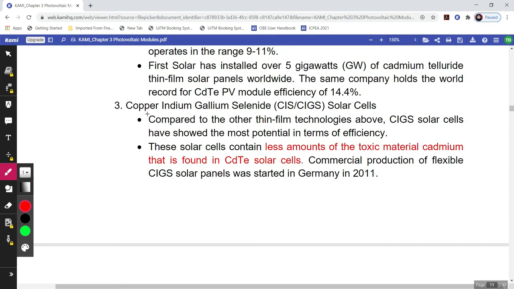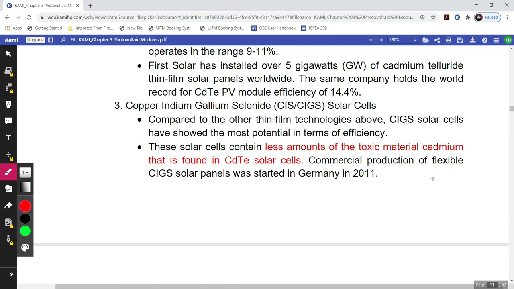Okay, the next one is copper indium gallium selenide, CIS or CIGS solar cell. Compared to the other thin film technologies above, CIGS solar cells have shown the most potential in terms of efficiency. This solar cell contains less of the toxic material cadmium, which is found in the cadmium telluride solar cell.